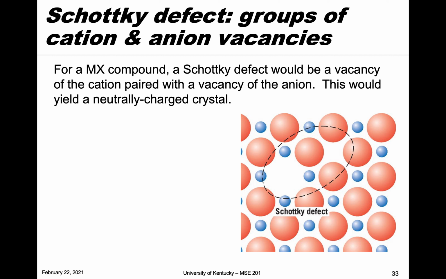Since I eliminate the negative and the positive charge, that would again be neutrally charged. It falls towards the stoichiometry, so if it's M2X3, you'd have to have two metal and three non-metal vacancies in that arrangement, because we need charge neutrality. So we have pairs or groups of cation and anion vacancies.